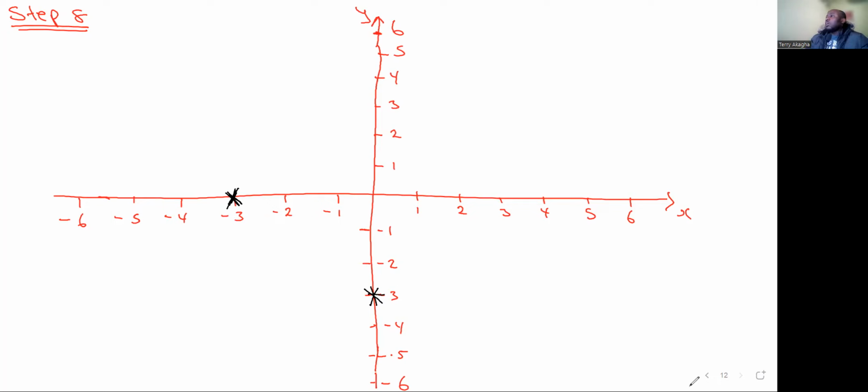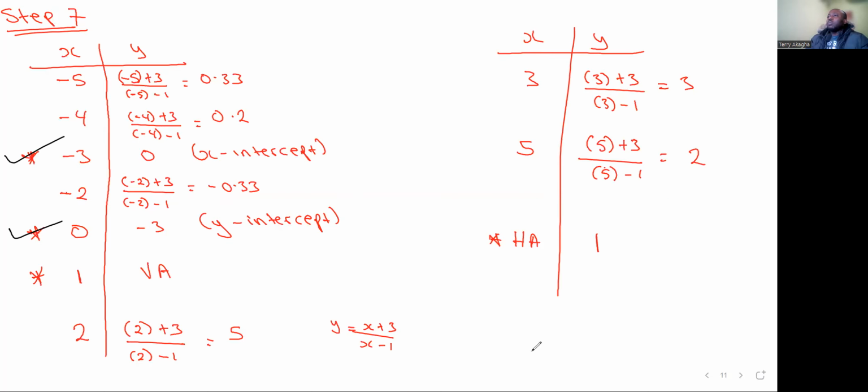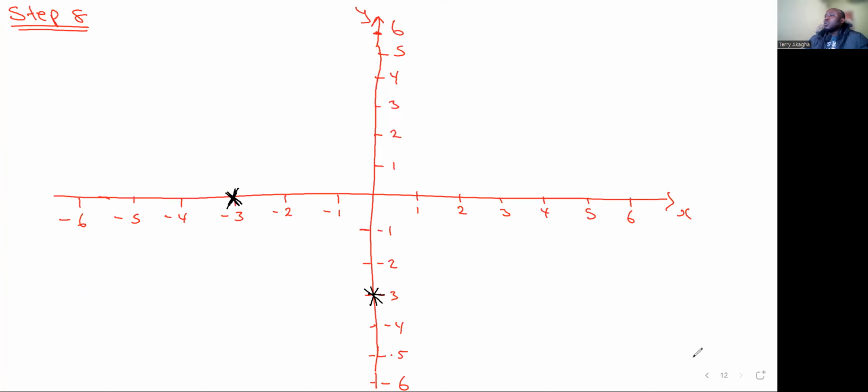Then we can sketch another one, the vertical asymptote. We found that the vertical asymptote is 1. So vertical is 1, and it's crossing here at 1, okay?